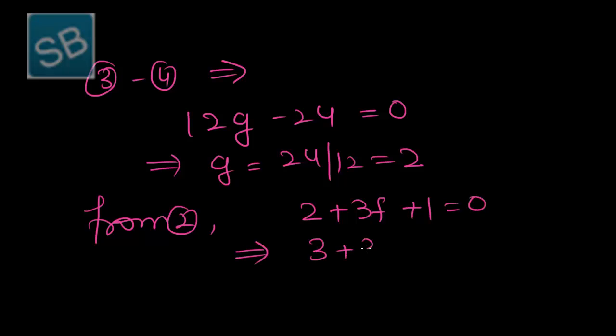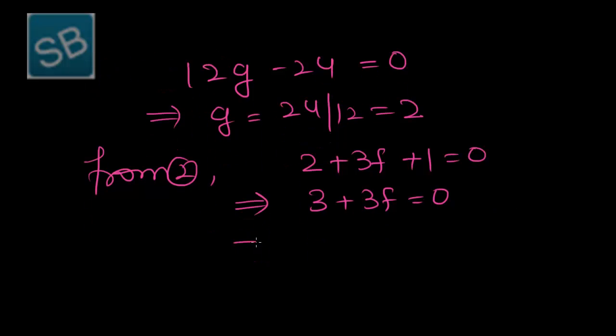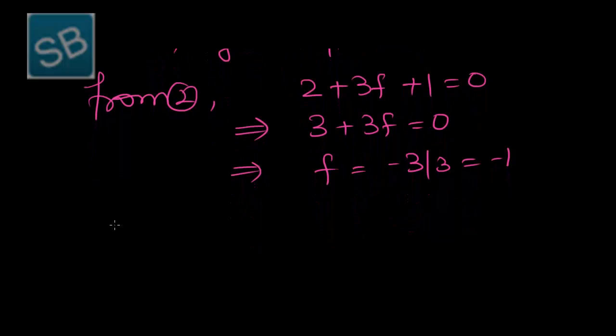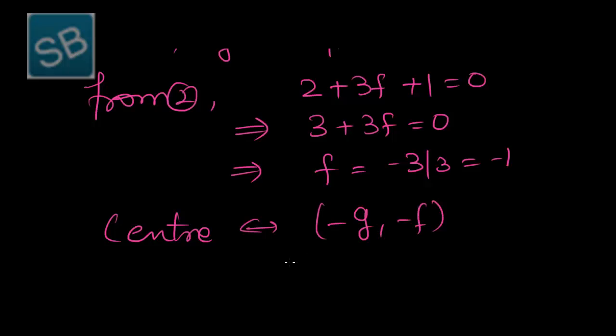That is 3 plus 3f is equal to 0. That implies f is equal to minus 3 over 3 is equal to minus 1. Therefore, the center is (minus g, minus f), that is (minus 2, 1).